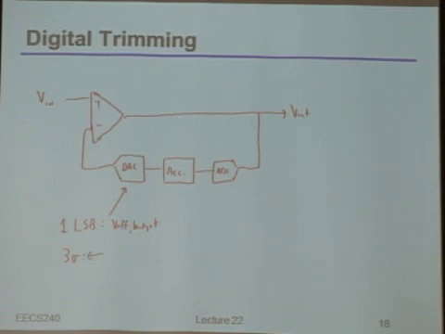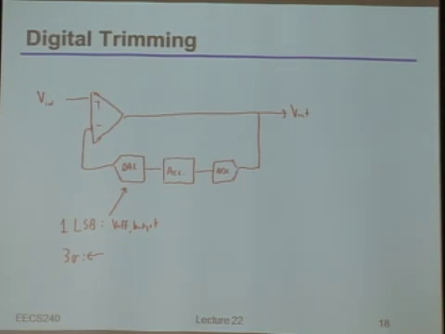This 3 sigma offset would set the total range of your DAC. So as an example, if you knew that there was going to be up to 100 millivolts of offset, and you wanted 1 millivolt of residual offset error, that basically means you need, roughly speaking, 7 bits of resolution. Or in other words, approximately 100 and something steps in your DAC. Is this clear to everybody?